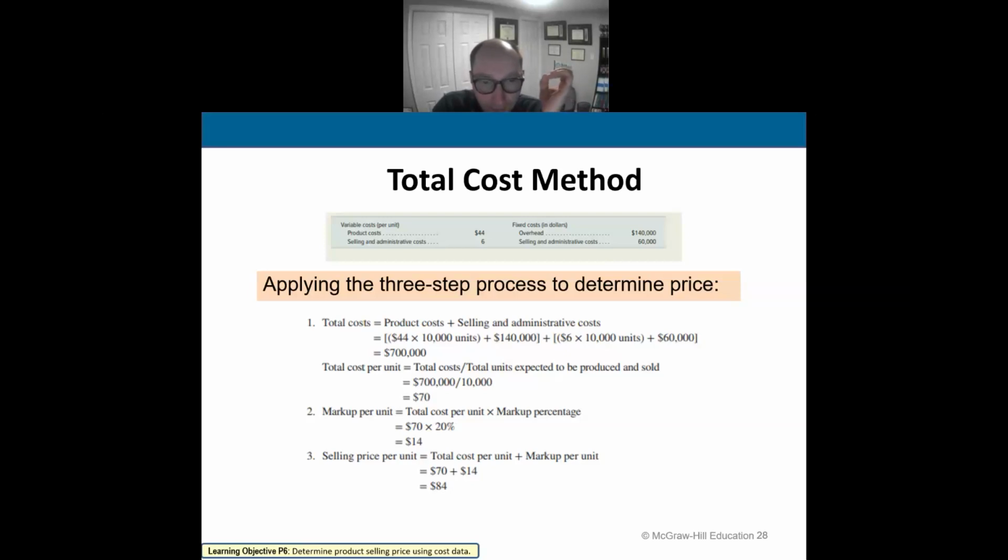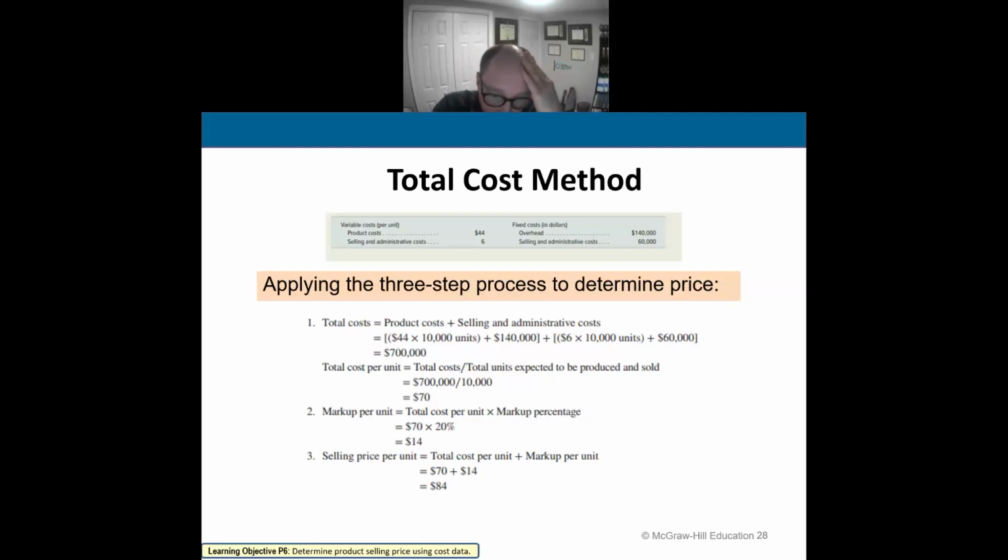It's the product cost, $44, times the number of units expected to be sold, 10,000, plus selling and administrative expenses, all that good stuff, $700,000, okay? So it's total cost, $700,000. I expect to sell and produce 10,000 units. That gets me a total cost per unit of $70. $700,000 divided by 10,000 is $70.